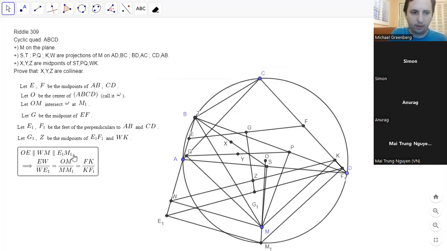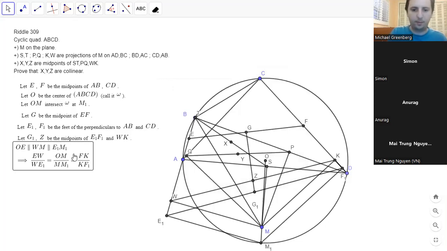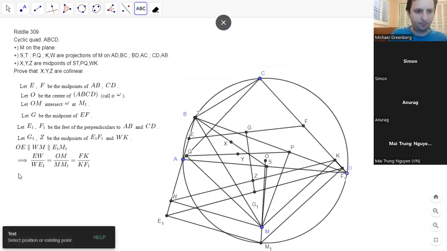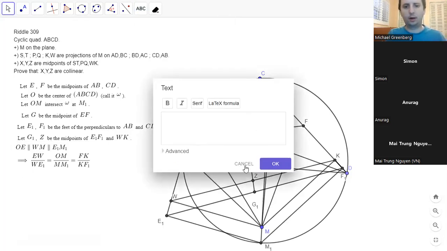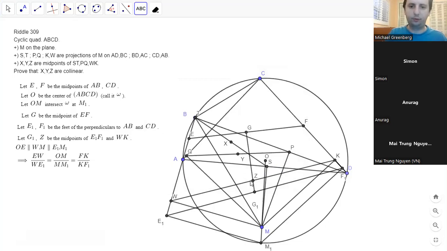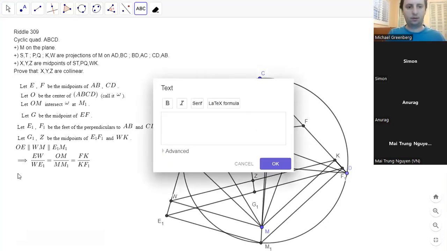And so by the gliding principle, G, Z, and G1 are collinear. Or you call it the ERIQ lemma.